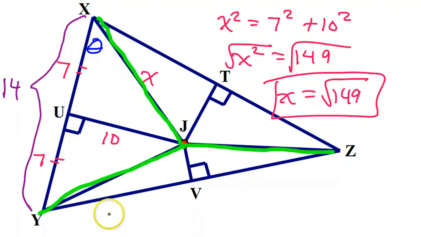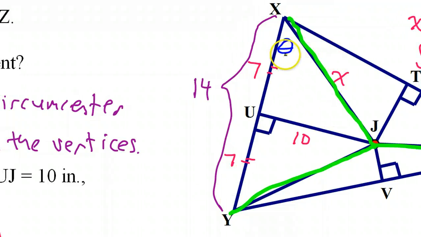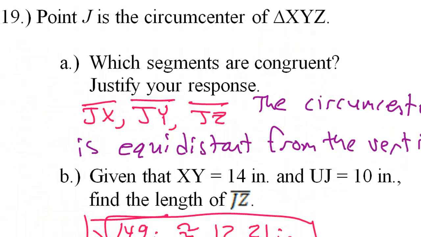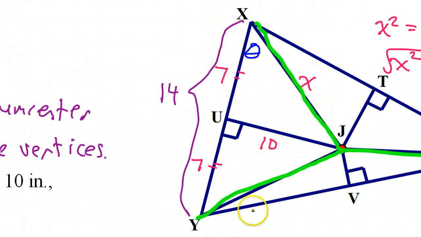Once again, we're going to need the trig function. From the perspective of this angle, we could do either opposite over hypotenuse or adjacent over hypotenuse. We have both. I'm going to use the 10 though. So opposite over hypotenuse, that is the sine function. The sine of the angle is 10 over x.